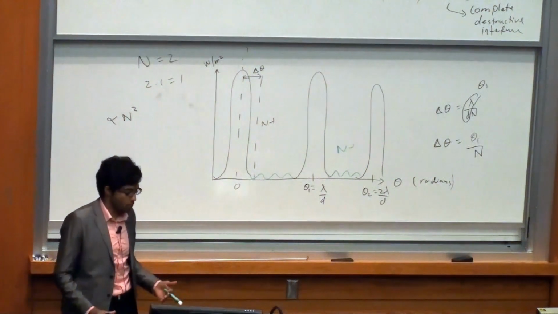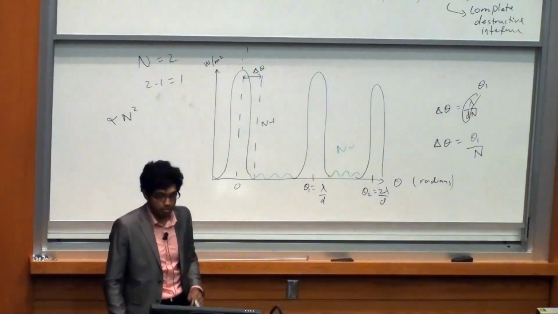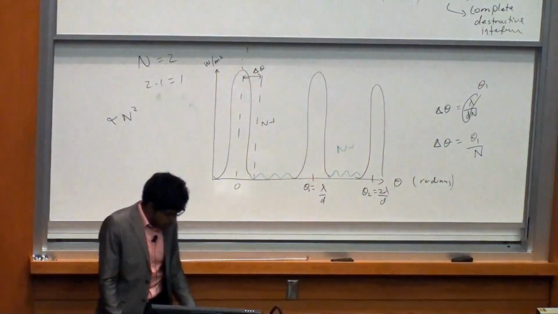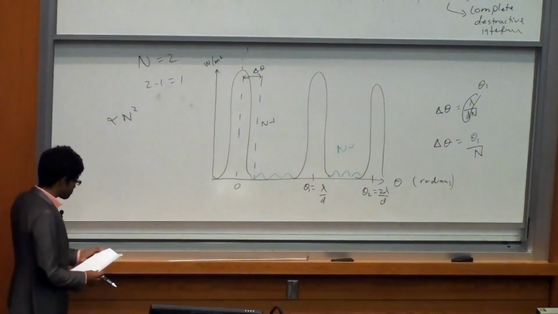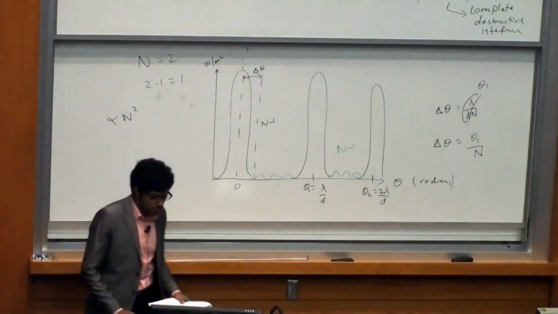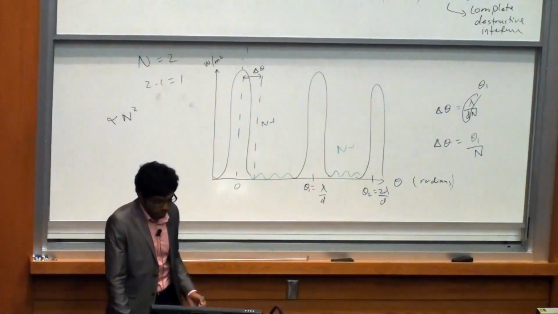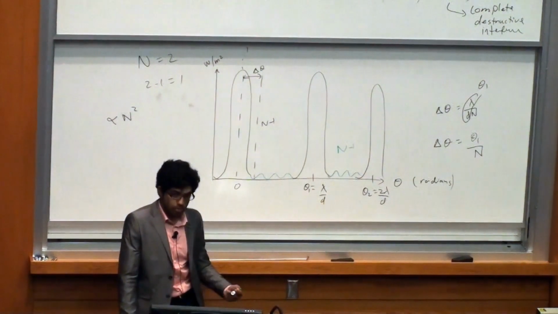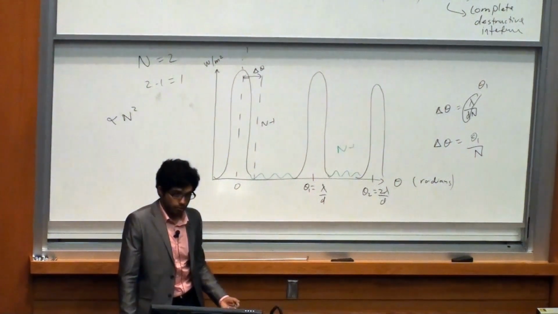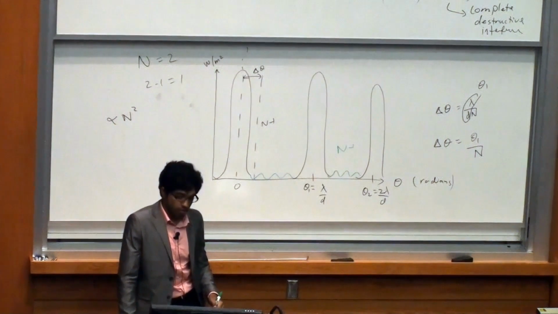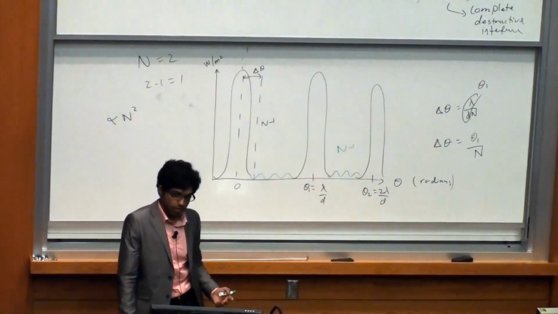So you may be thinking that I'm violating some sort of conservation of energy here, but it's actually easy to see that it's not the case. Suppose I increase N by a factor of 3. What's going to happen then? My electric field vector is going to be 3 times larger, which means that my Poynting vector is going to be 9 times larger. So I'll get 9 times more light.